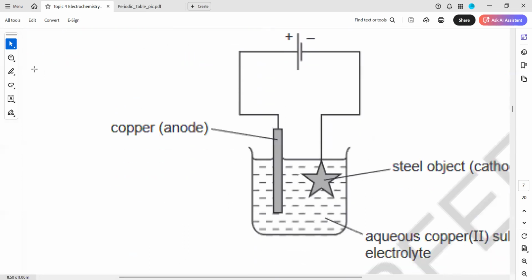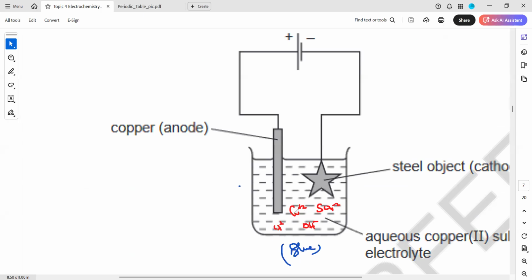In the electrolyte or solution, what are the ions we have? We have the copper ion, the sulfate ion, the hydrogen ion and the hydroxide ion. What will be the appearance of this solution? Can anyone say? Blue. Good. So this solution will appear blue.